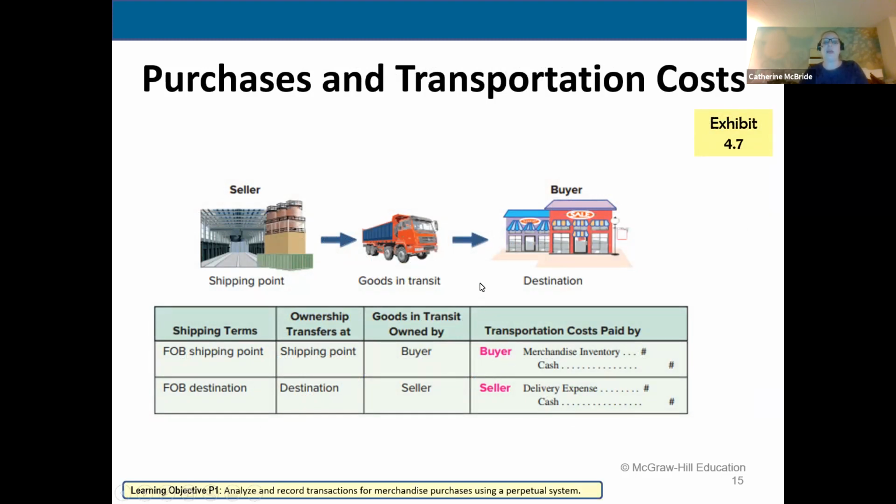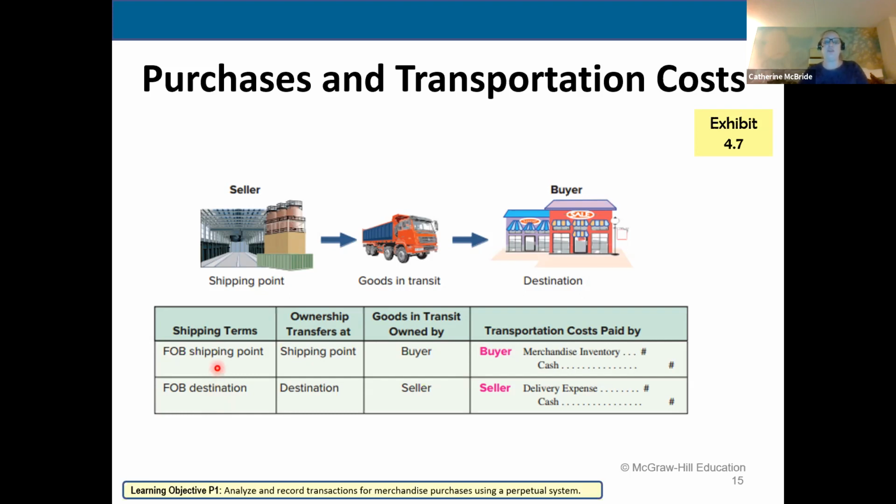Okay, the other interesting thing is that with inventory, all of the transportation costs get rolled into the inventory account. And the reason we do that is because we want to match the revenue with the cost of the inventory. So when we sell it, we move all these costs that are in inventory to cost of goods sold. There's two different shipping terms. There's FOB shipping point and FOB destination. The significance of these is primarily who owns the inventory.